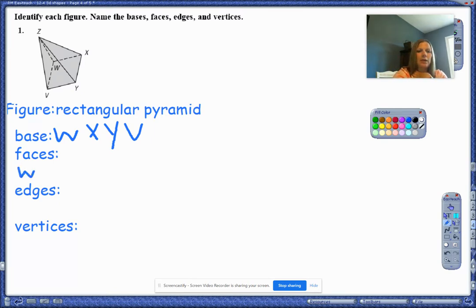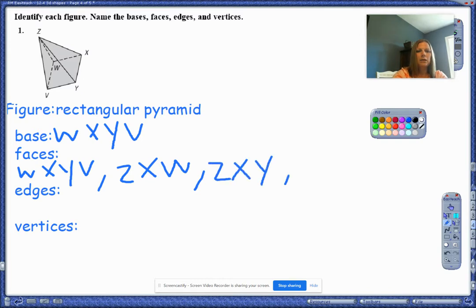So W, X, Y, V, Z, X, W, Z, X, Y, Z, Y, V, Z, V, W.